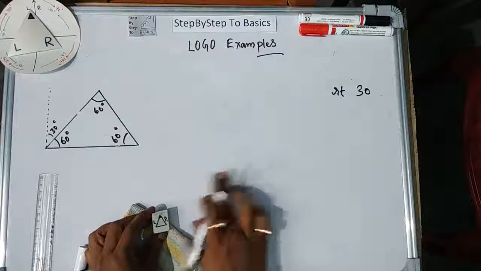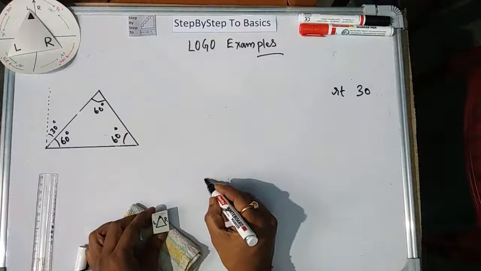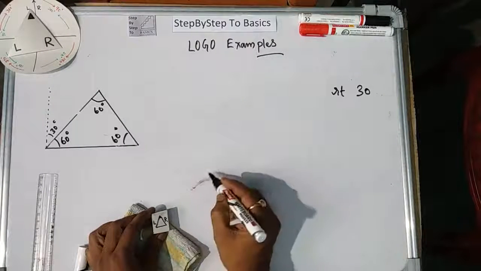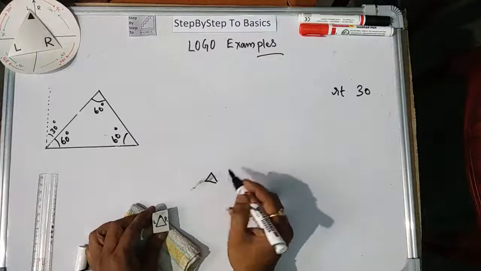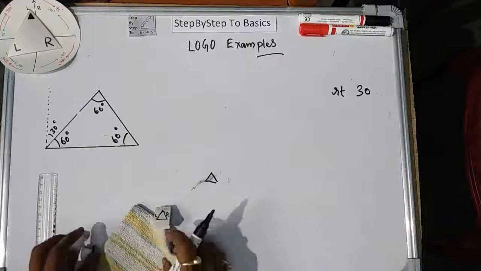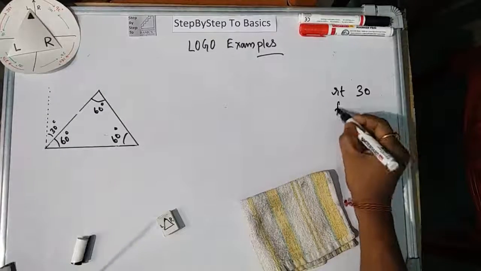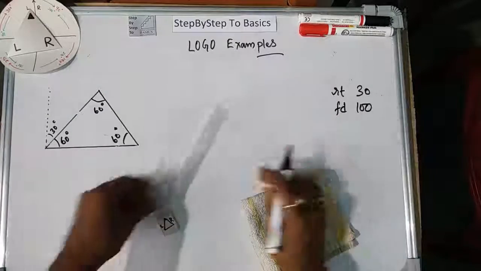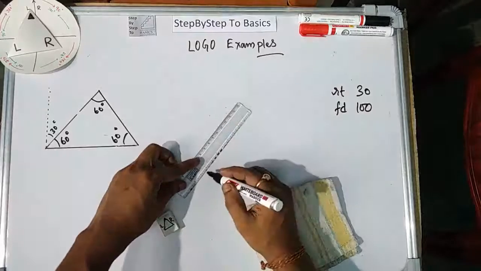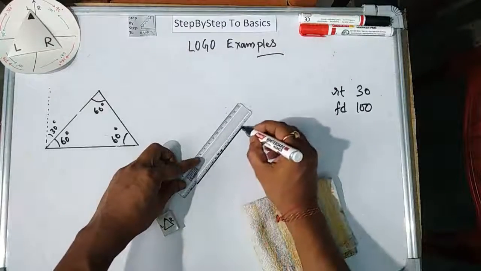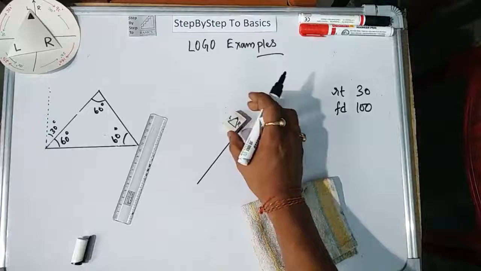So this turtle will face something like this, a little bit. Okay, then what will happen? I will write FD 100. So this line will be drawn. Now the turtle is like this.